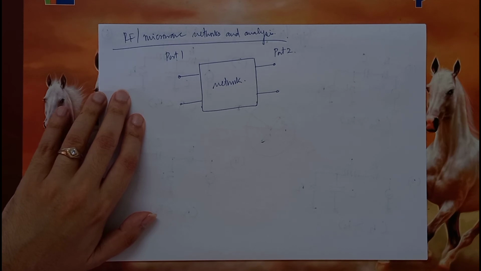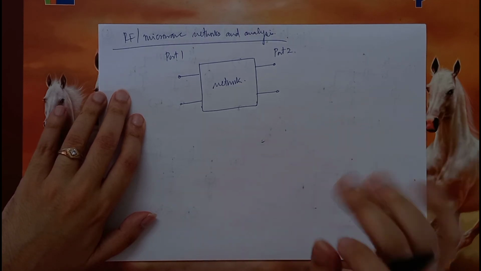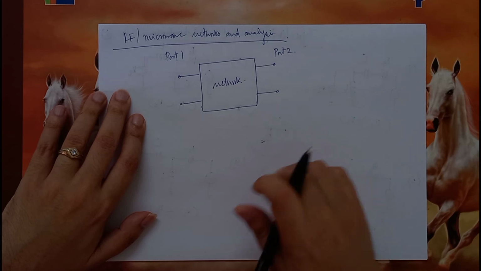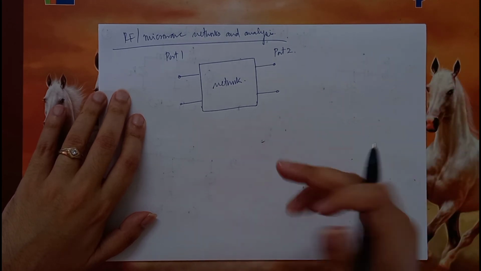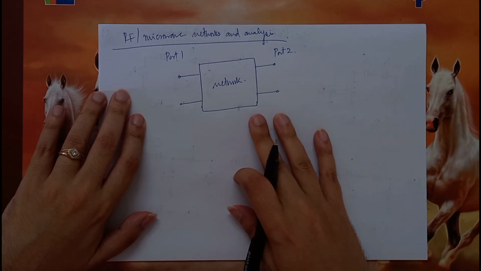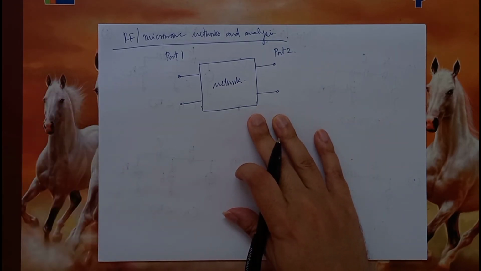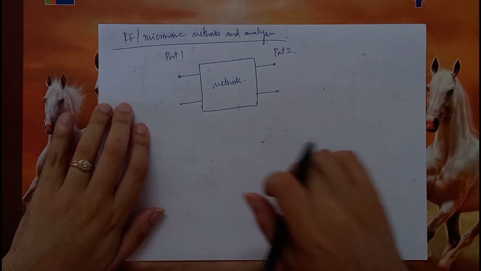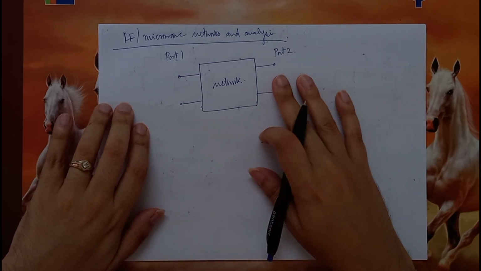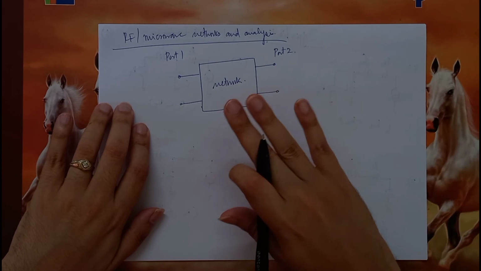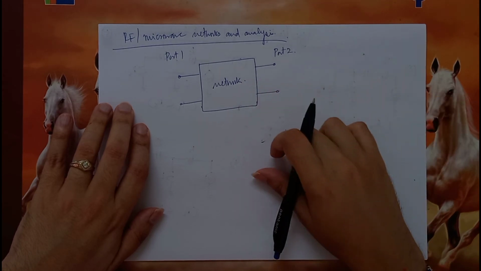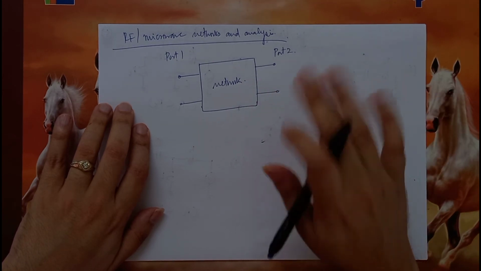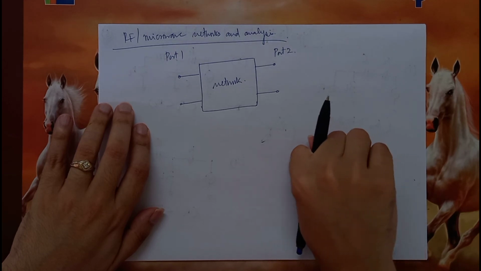Now, in their most bare essential form, there is absolutely no difference between an RF network and any other electrical network that you may have come across in your previous courses of study, because they both work on the principles of electrical engineering, Ohm's law, Kirchhoff's laws, and so on. So it is wrong to say that the circuit laws cannot apply to RF networks.